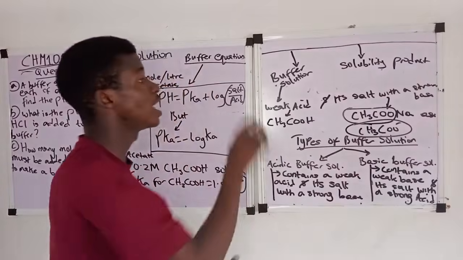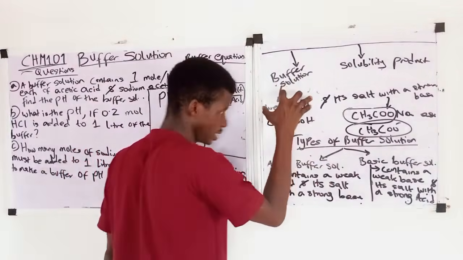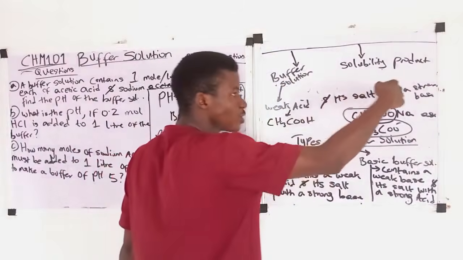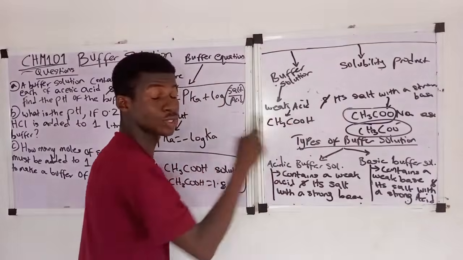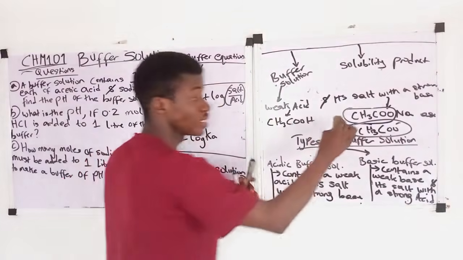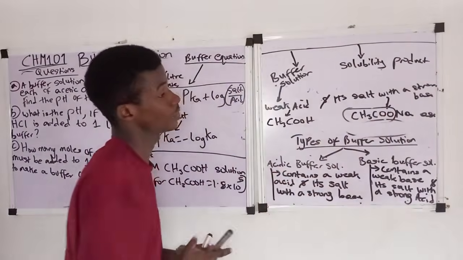So an acidic buffer solution contains a weak acid and its salt with a strong base. So the salt of this weak acid usually contains a strong base in it.